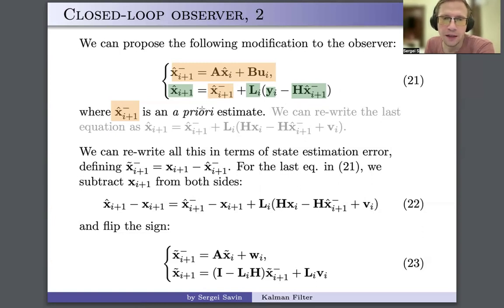Now, this last expression we can rewrite as the a priori estimate plus again our L sub i plus 1. And instead of y, we put it as H x sub i plus v, and of course minus H x a priori.